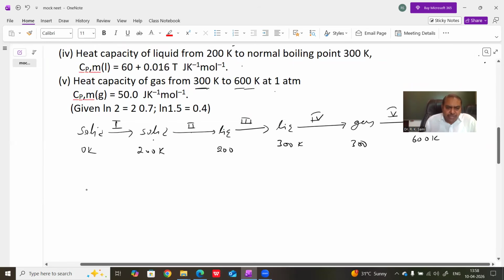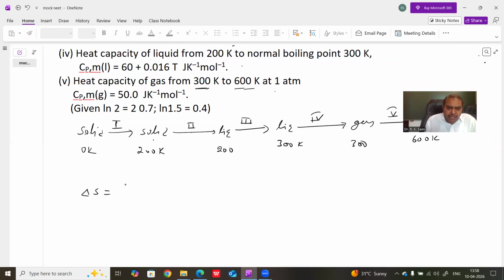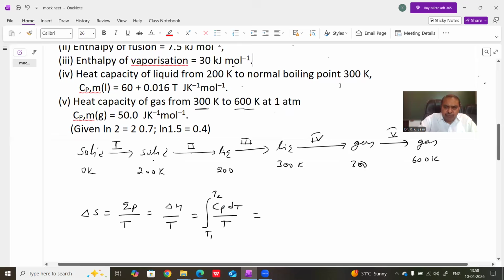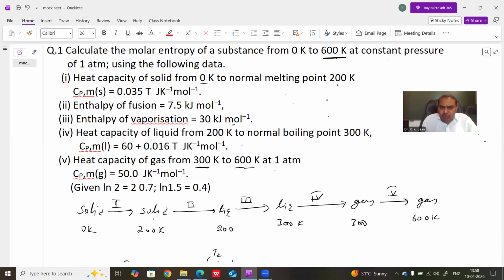In step first, the entropy change of the substance is due to the change in temperature. According to the second law of thermodynamics, entropy change is the heat exchanged divided by temperature. At constant pressure, heat energy equals the enthalpy change, so delta S is the integral of Cp dT divided by T, with temperature range T1 equal to 0 Kelvin to T2. The Cp of the solid is given as 0.035 T from 0 to 200.